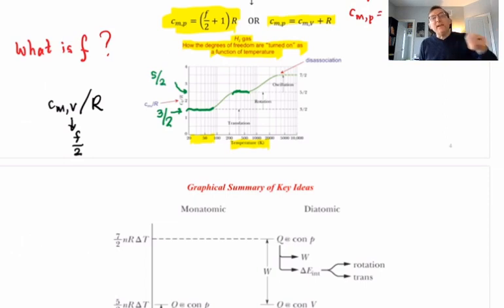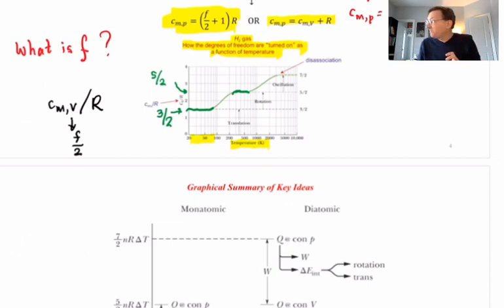Or F equals a total of 5. What's happening there? Well, you've got the 3 degrees of freedom from translation of the molecules throughout the container, and 2 more degrees of freedom from, it turns out, rotation. That's where you get the 5. 3 degrees of freedom from translation and 2 from rotation.